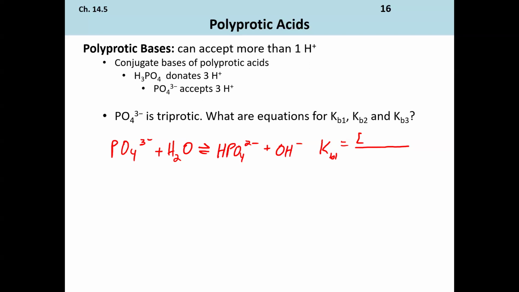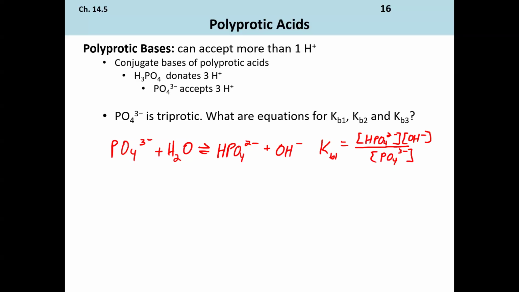This is going to be equal to HPO4 2 minus times OH minus over PO4 3 minus. And why isn't the H2O in there? Because it's a liquid. Remember, we never include liquids or solids in our K equations.